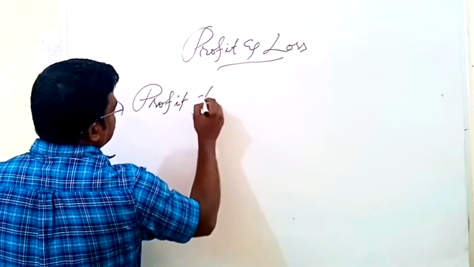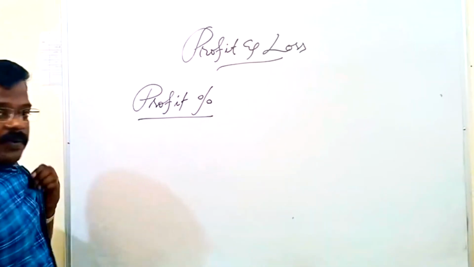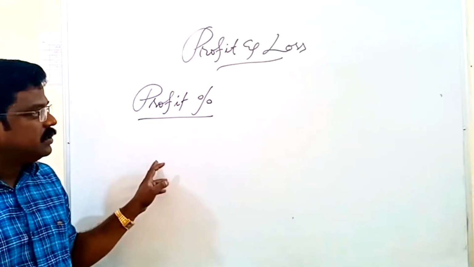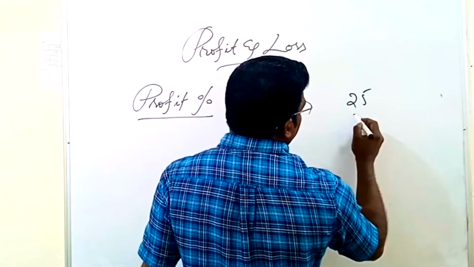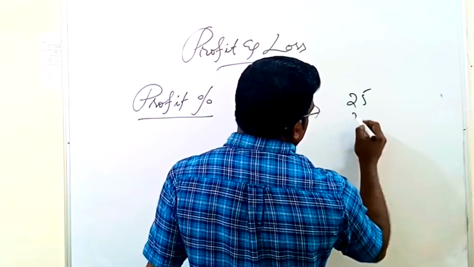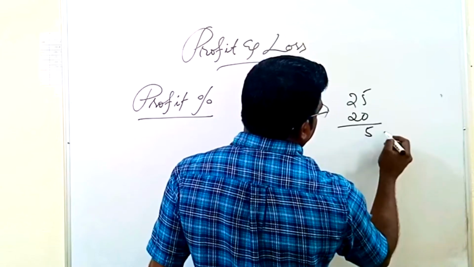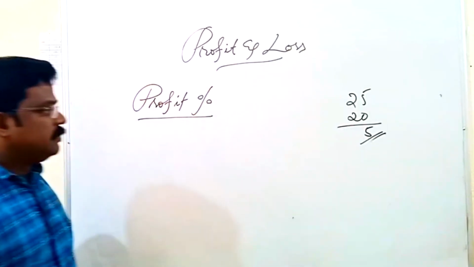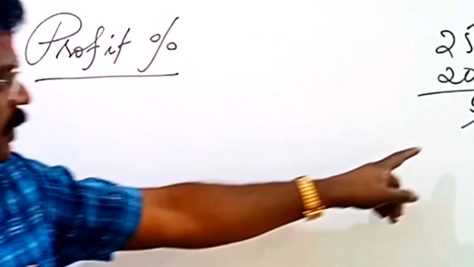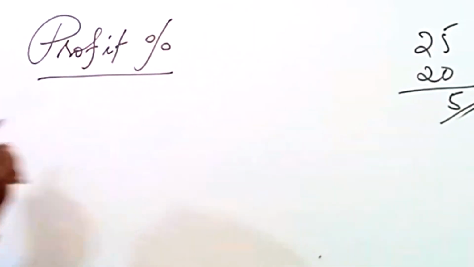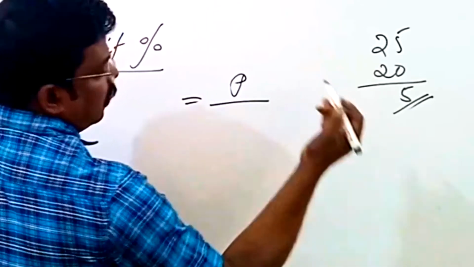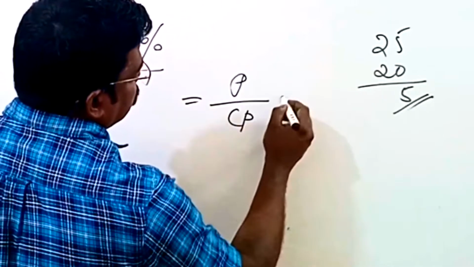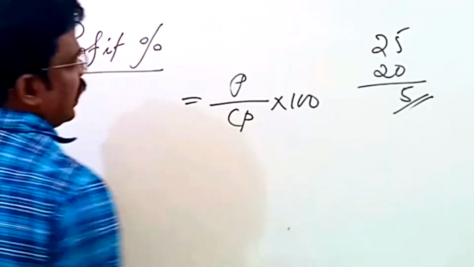Profit percentage. How can we find profit percentage? In the business deal here we know that 25 rupees was the selling price and 20 rupees was the cost price and he made rupees 5 profit. So here profit percentage can be found as profit divided by cost price into 100.